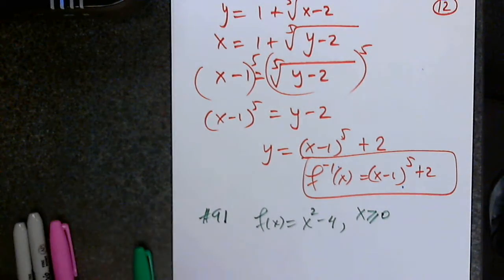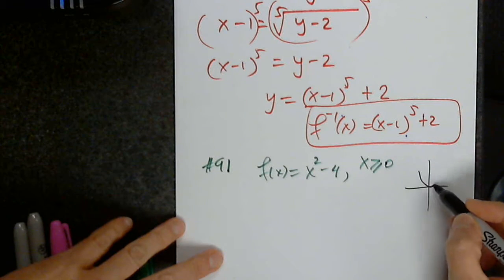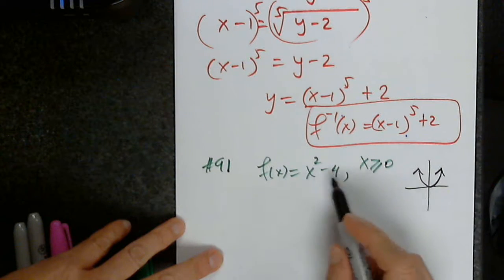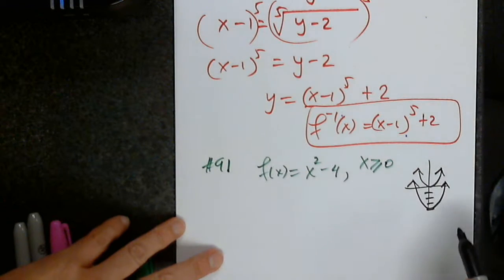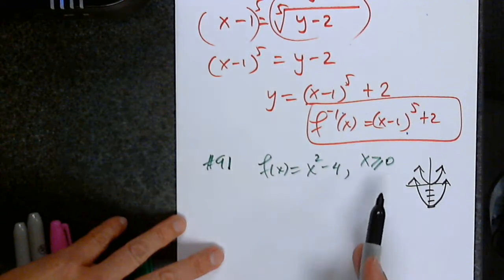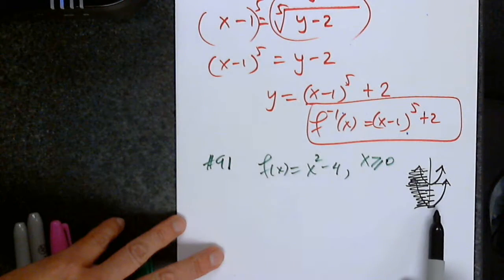Good. Excellent. So now, because I know how to graph this using transformations, I know that this is x squared, and x squared minus 4 would be this. But I am told x greater than or equal to 0, so this part does not exist. And now this function is one-to-one.